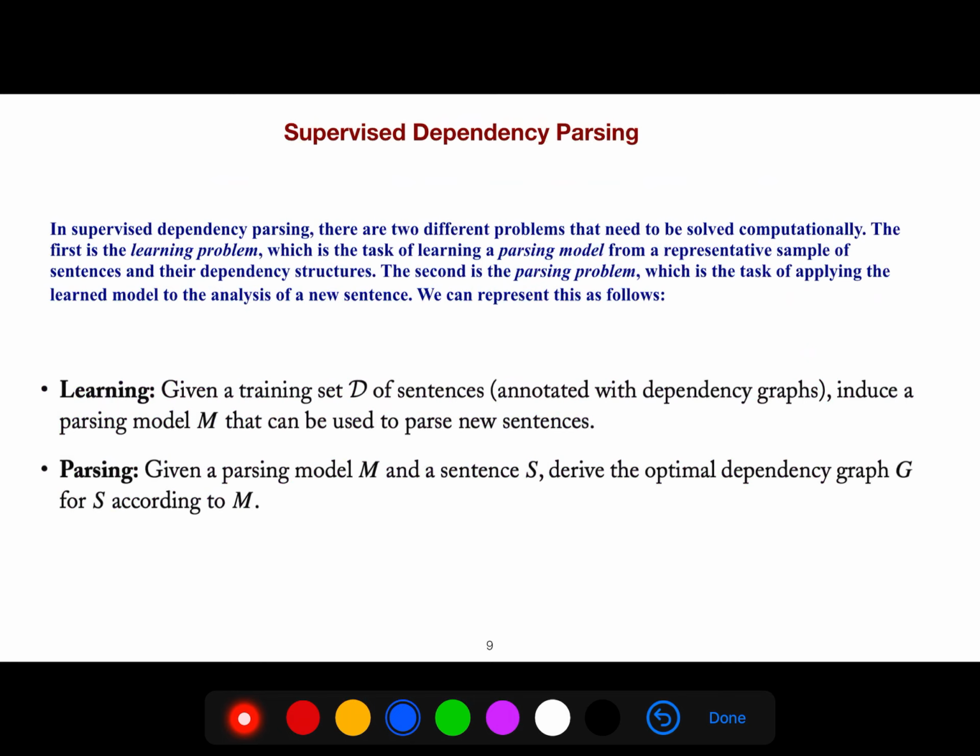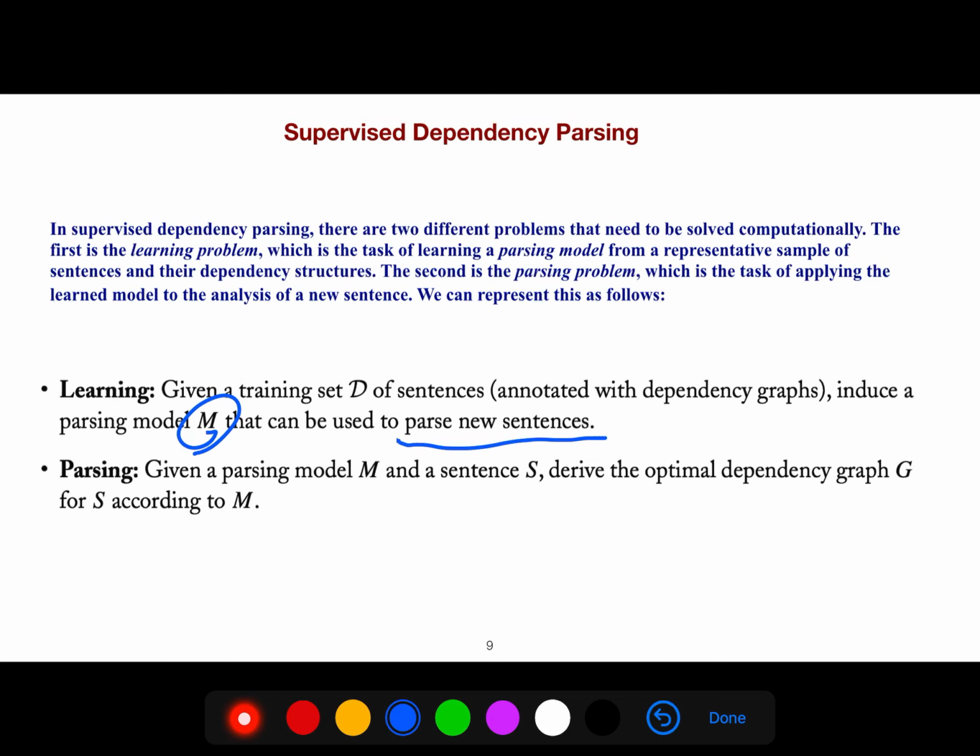Assume we have a rich language like English, where we have lots of training data, lots of trees for lots of sentences. So we first learn. Given training data, induce a parsing model M that can be used to parse new sentences. After learning, you don't need to do it again.